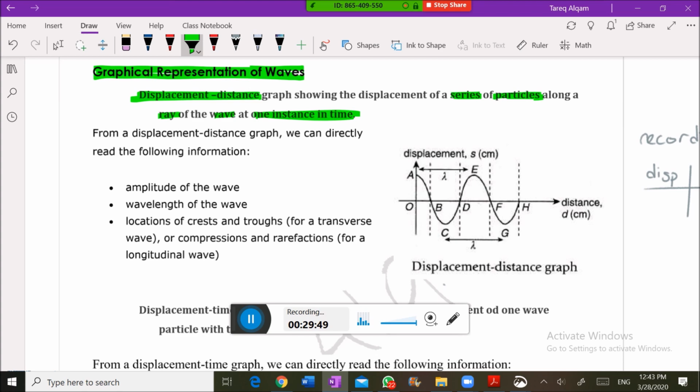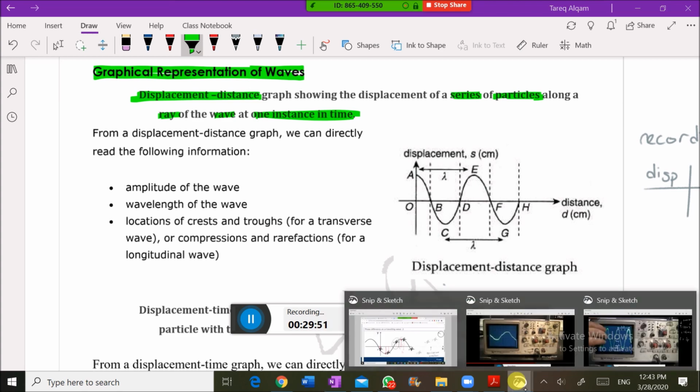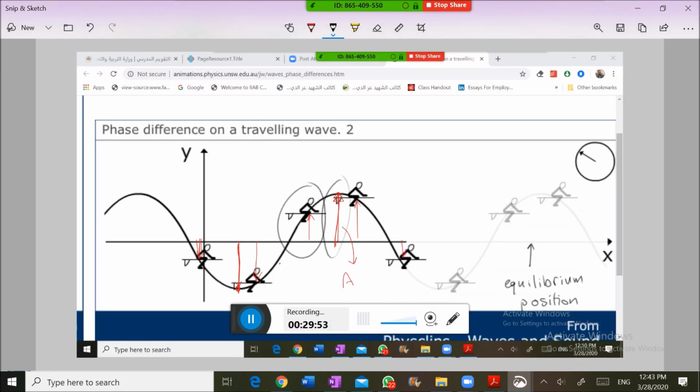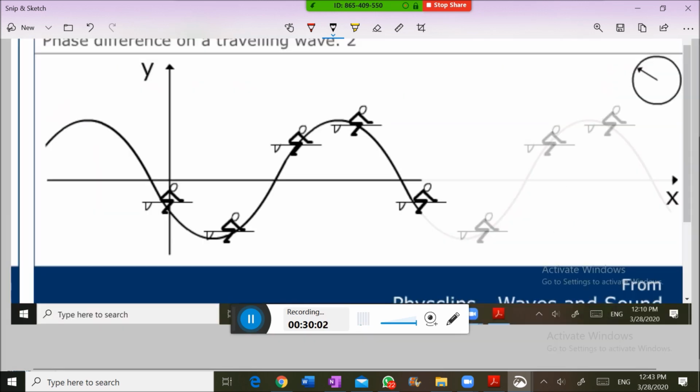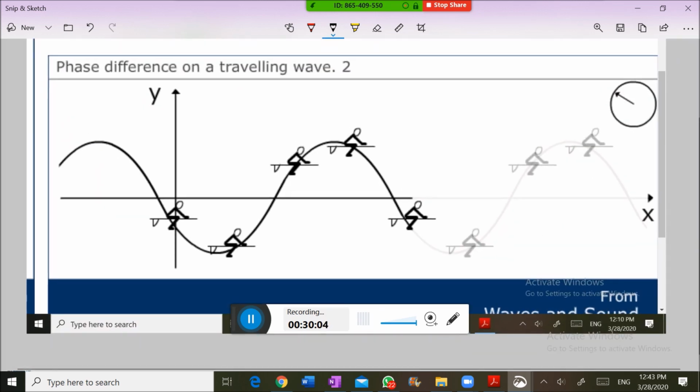I take a snapshot here, at a certain time. This is called displacement versus what? Distance. Series of particles at one time, right?